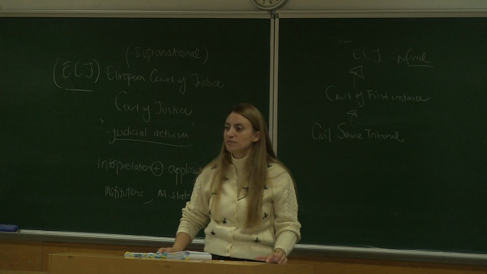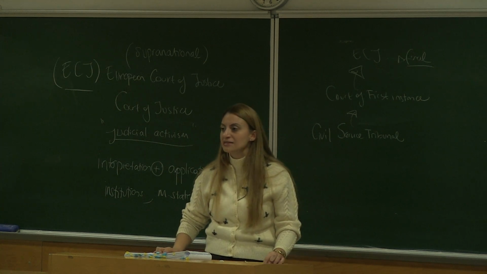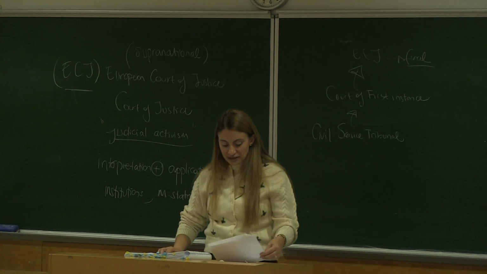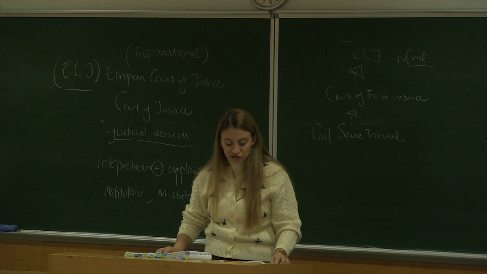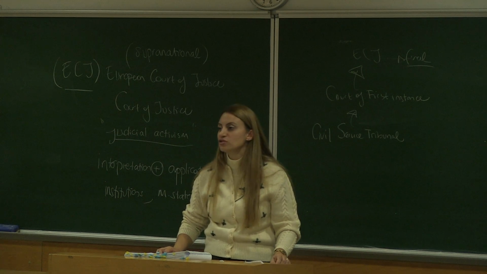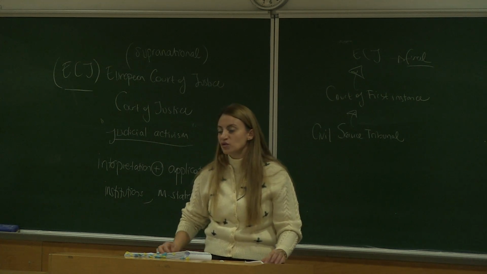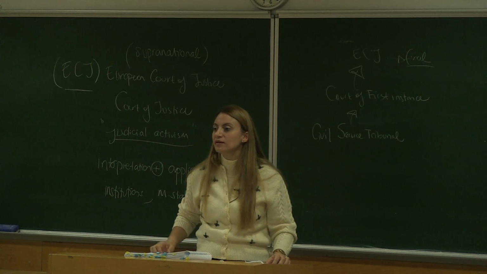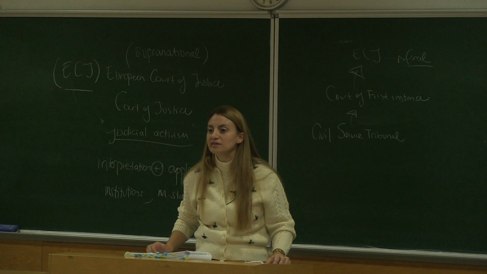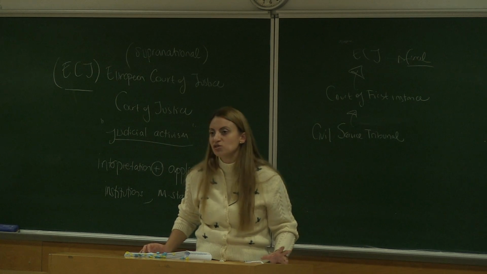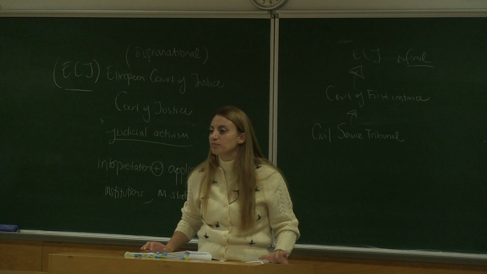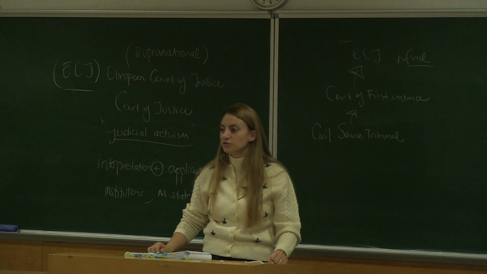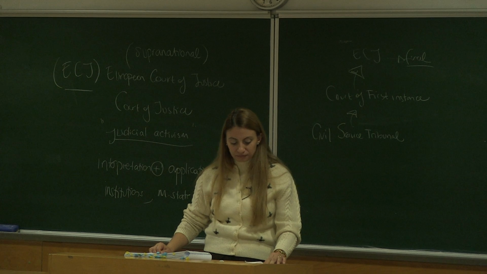That can also be an action brought against that institution. There are also actions against an institution that has been responsible for a loss for an individual. An institution might act, but those actions might create a loss, a financial loss or some other type of loss for that individual. The European Court of Justice will take action.